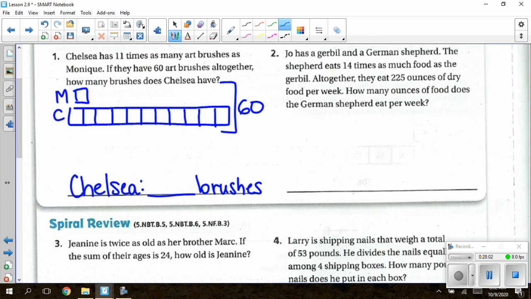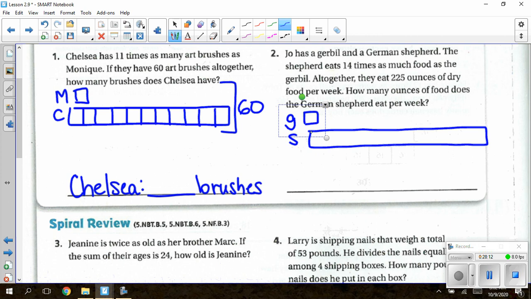So that means the gerbil would have the 1 box, and the Shepherd would have the 14 boxes. And they have a combined total of 225 ounces.